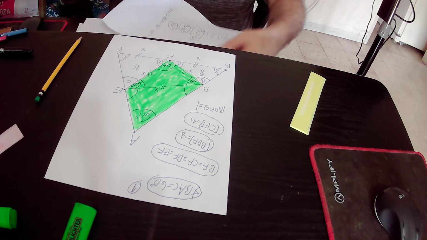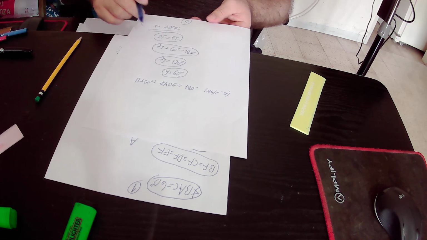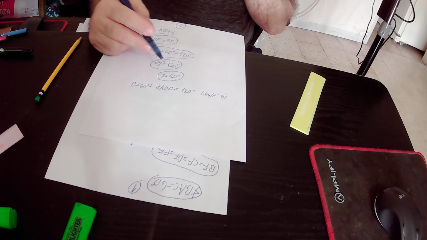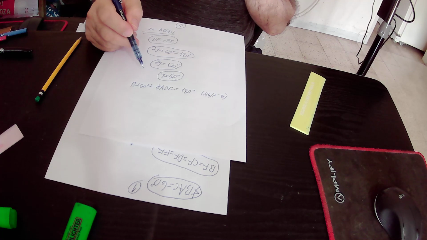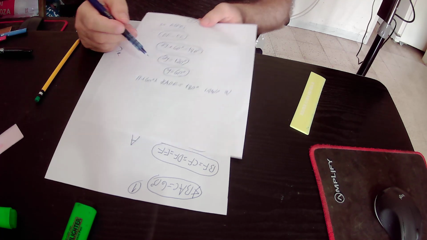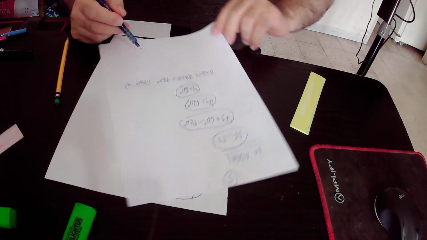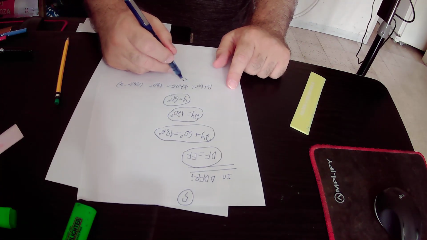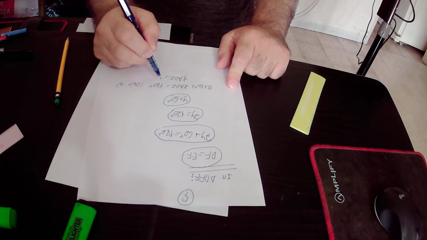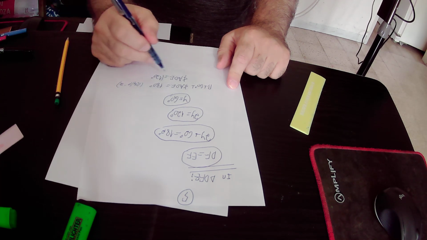Okay, angle B plus 60 degrees plus angle ADE must be equal to 180 degrees according to rule number 2. Here we will subtract 60 degrees and also B from this equality, and we will get that angle ADE equals 180 degrees minus 60 degrees, which is 120 degrees minus B.